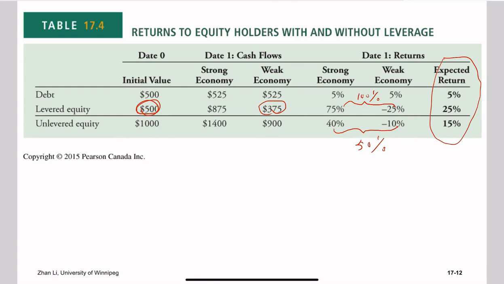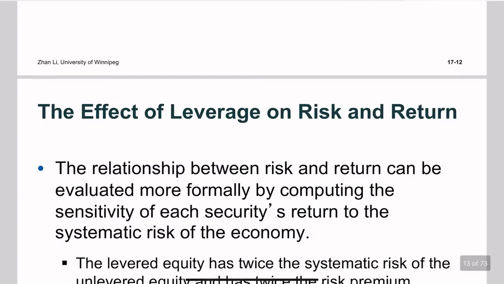So it's as if the levered equity is twice as risky compared with the unlevered equity, right? So that explains why you get a higher, 25% expected return for the levered equity. It's really because as an investor, you're bearing a larger systematic risk if you're investing in levered equity. So you actually demand a higher expected return compared with the case of unlevered equity, right?